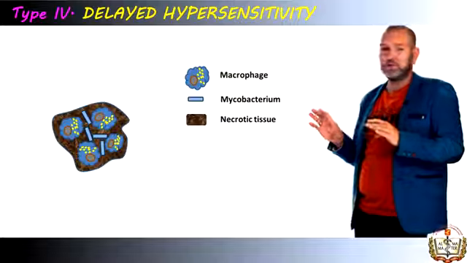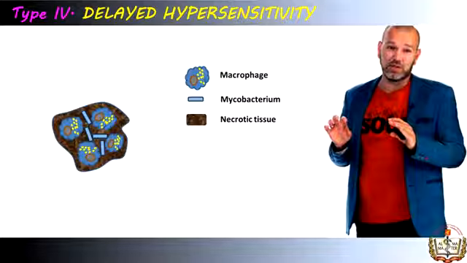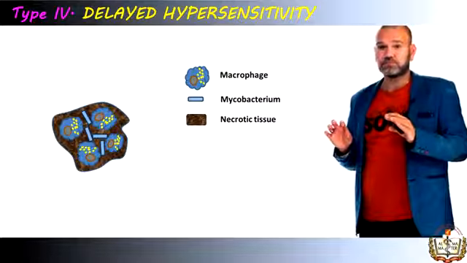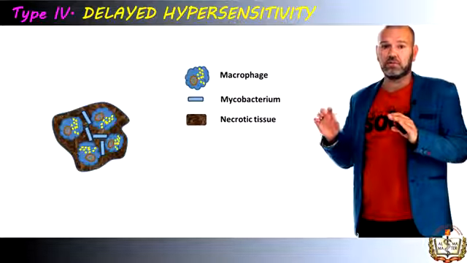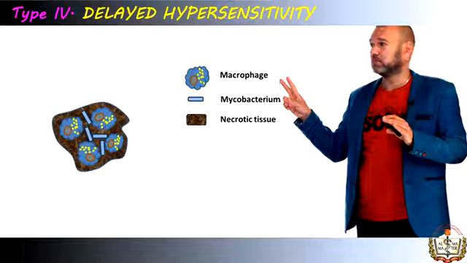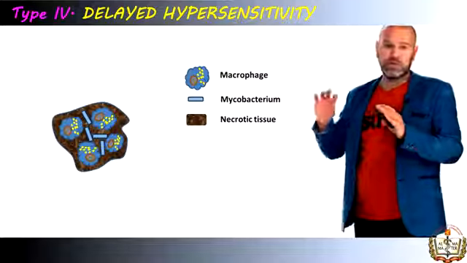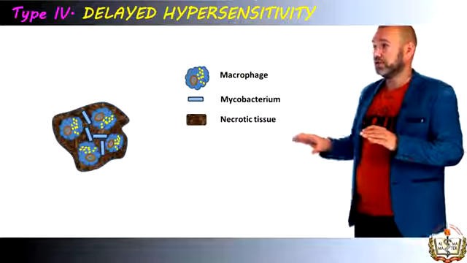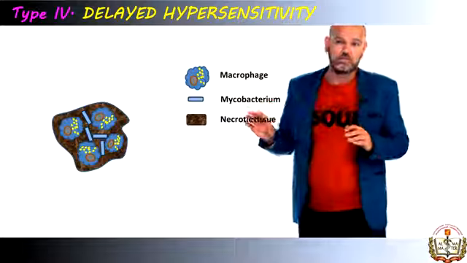It is possible to have CD8 cells as well, but it is double 4, type 4 CD4 cells. So CD8 cells can kill pathogens immediately.